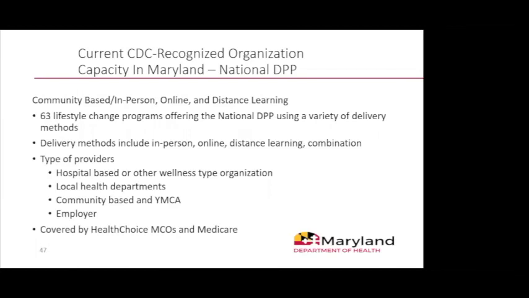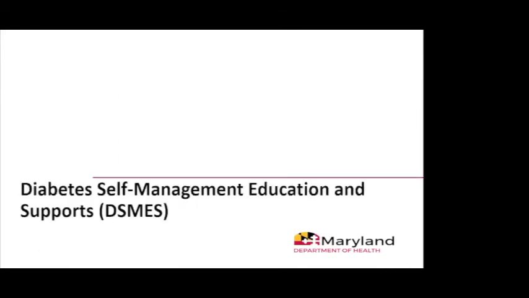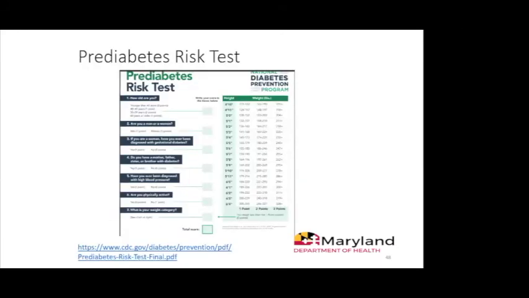The National DPP is covered by Medicare, and in Maryland, the Medicaid HealthChoice Program covers it for people enrolled in MCOs. This is an example of a prediabetes risk test. This is one that was jointly created by the American Diabetes Association and the CDC. And it's available there. And I also have a link to it on the resources page at the end.